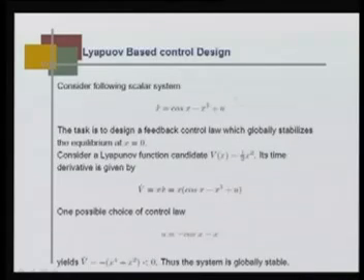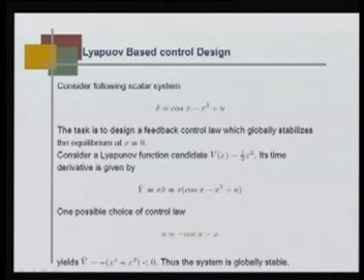You see that this is our simple scalar differential equation: x dot is a cos x minus x cube plus u. U is the control action and x is the state of the system. The task is to design a feedback control law which globally stabilizes the equilibrium at x equal to 0.